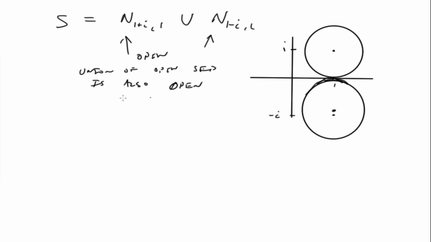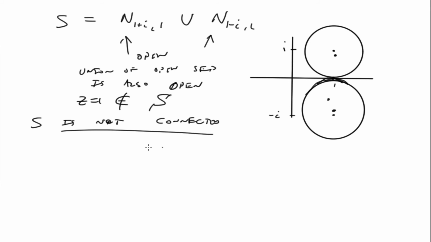So that means the point z equals 1 that lies right on that axis is not an element of S. So if I have 2 points, say a point here and a point there, this set is not connected. And it's also not closed. That's just another example we can have to understand how this thing works.